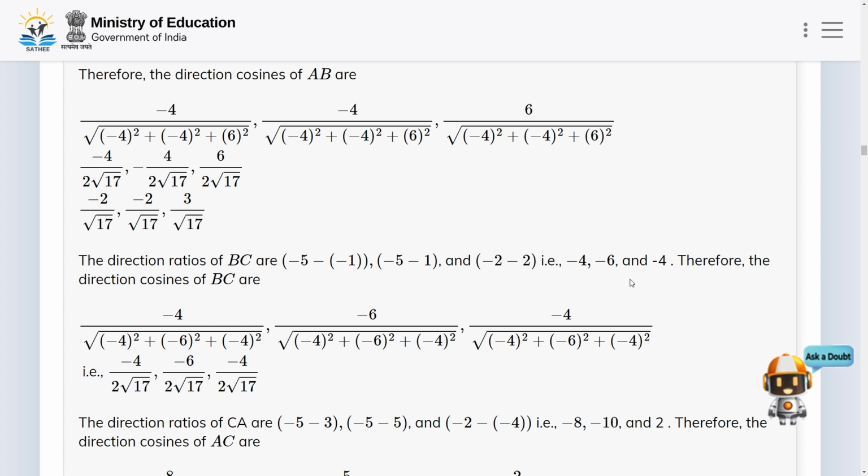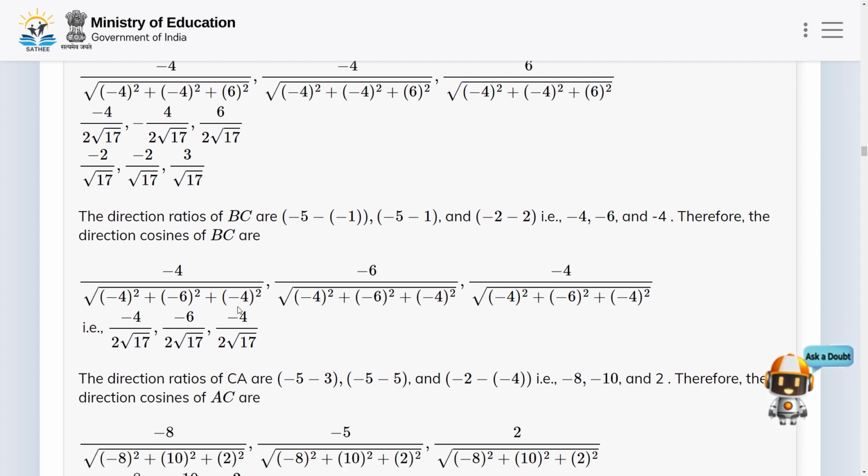The direction cosines of BC will be -4 divided by root of (-4) square plus (-6) square plus (-4) square. For m it will be -6 divided by the same thing, and for n, cos gamma, it will be -4 divided by the same thing.